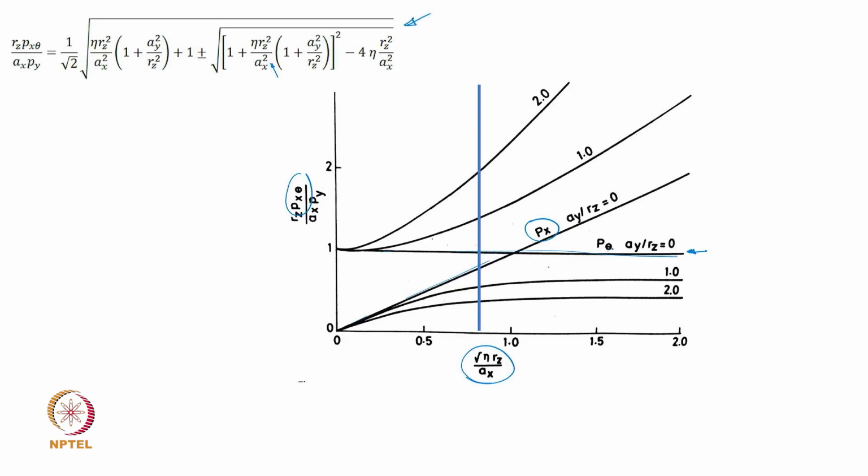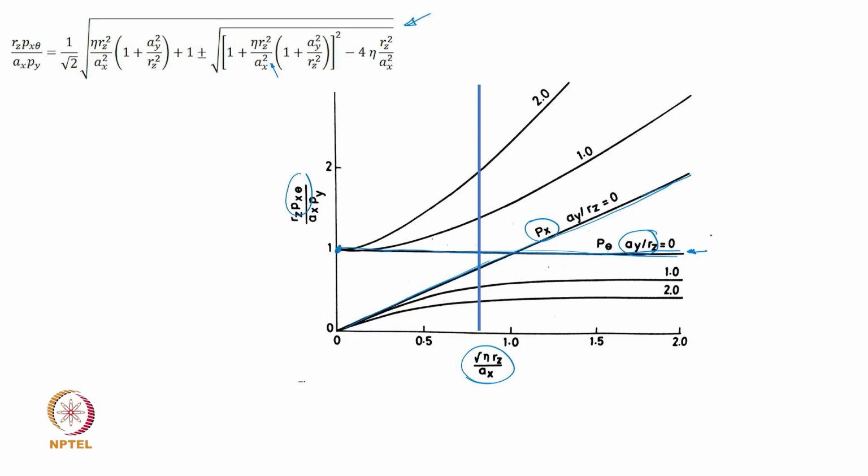Now the p theta, for ay by rz equal to 0, the p theta line is going to be located at the value 1, which is the line corresponding to pure pitch natural frequency, and this line corresponds to pure sway natural frequency. So these two lines are drawn here, and for other non-zero values of ay by rz, they are plotted.